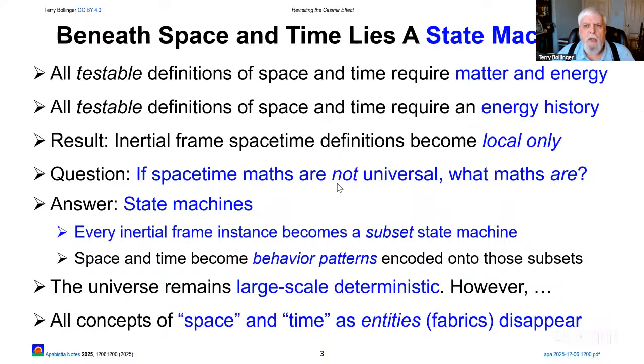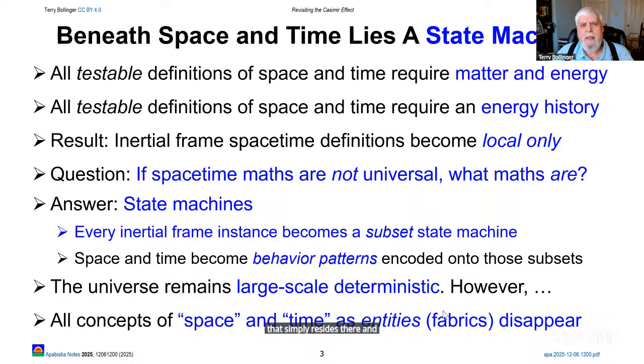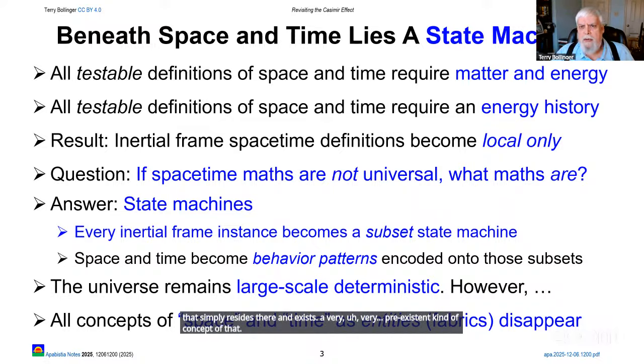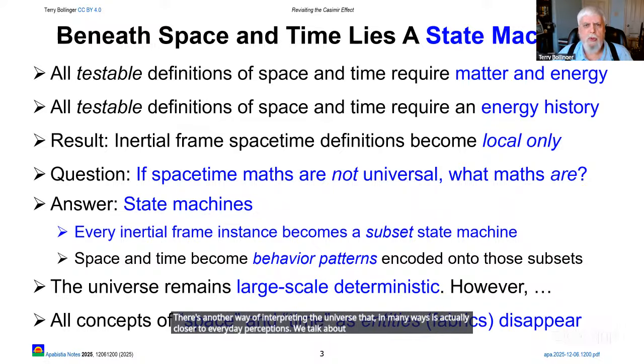The premise is quite straightforward, that underneath space and time, rather than having a space-time fabric that simply resides there and exists, a very pre-existent kind of concept of that, there's another way of interpreting the universe that in many ways is actually closer to everyday perceptions. We talk about physics as the rules by which matter behaves and energy behaves.